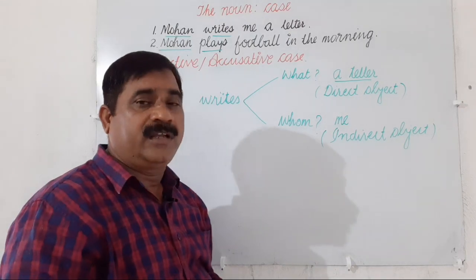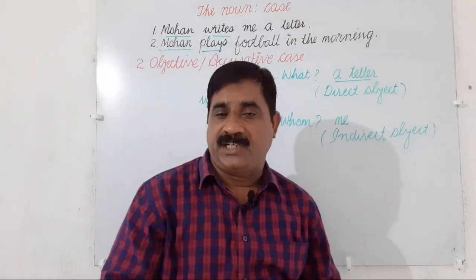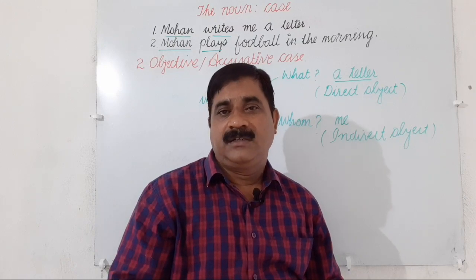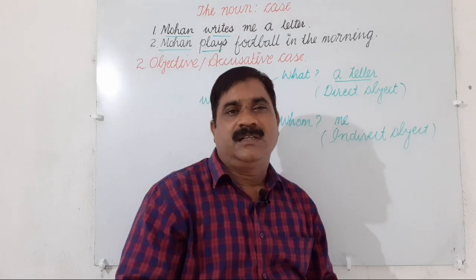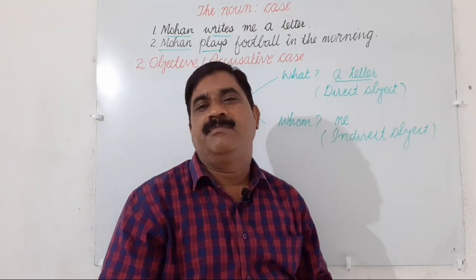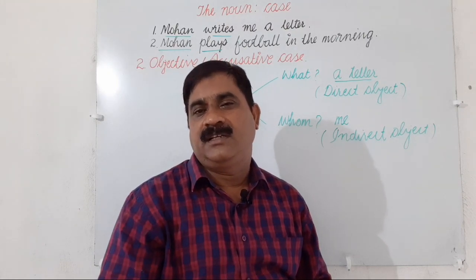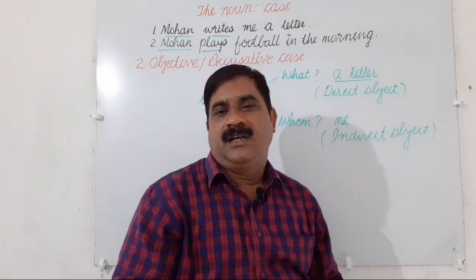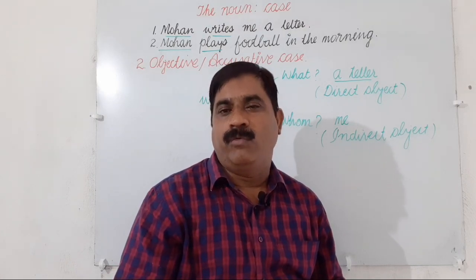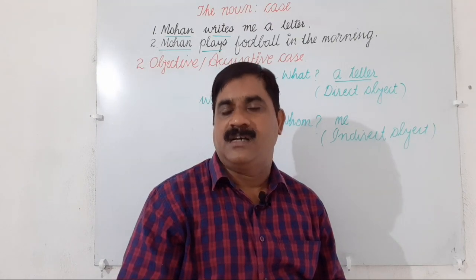Generally, there are two kinds of object, but there is yet another kind of object that is called complementary object that we are going to discuss in detail under the head verb and its kinds.